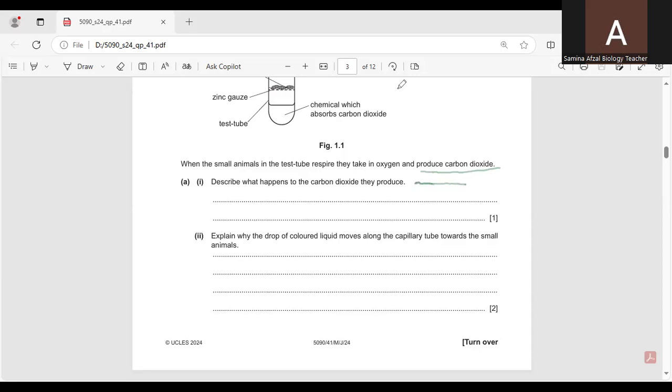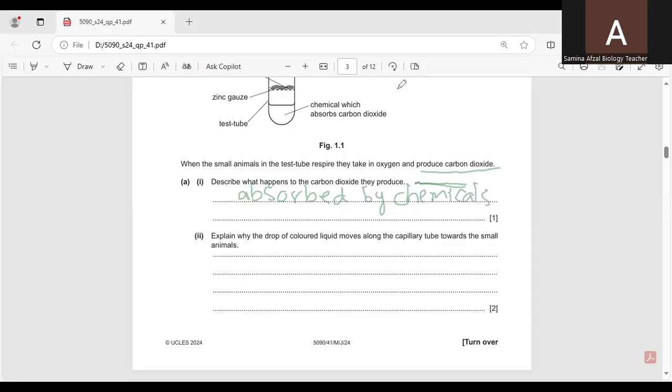Because a chemical is present at the base of this test tube, the carbon dioxide released by these animals as a result of respiration will be absorbed by the chemical. So there will be no carbon dioxide in the apparatus.